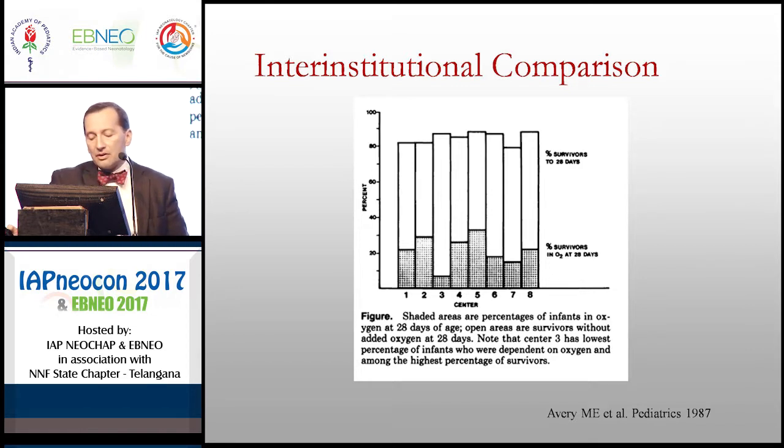graph that occurred in an article in Pediatrics in 1987 that was under the first authorship of Mary Ellen Avery, one of the founders of our field, as you know.